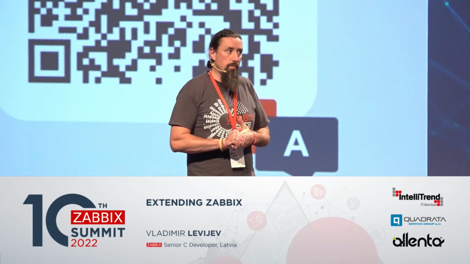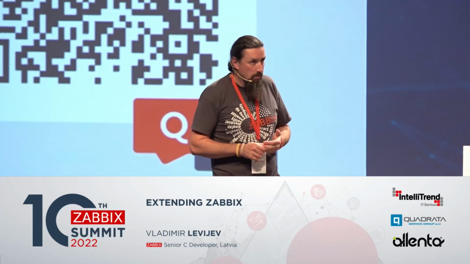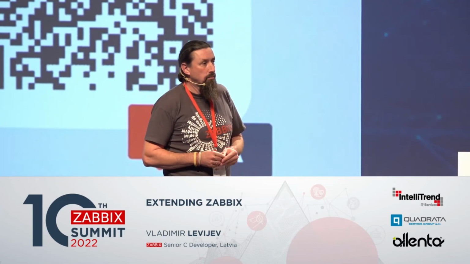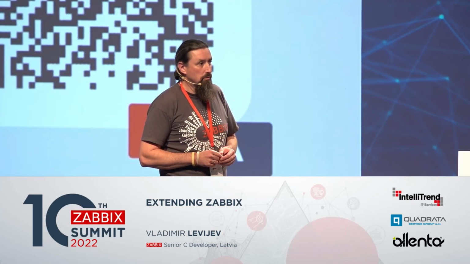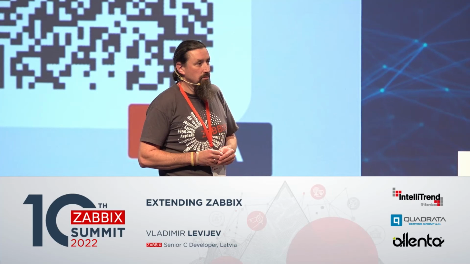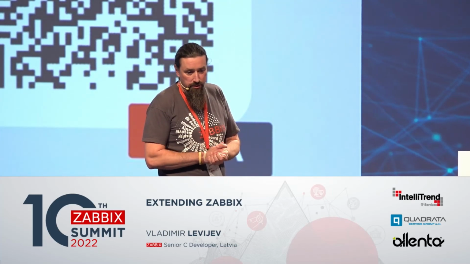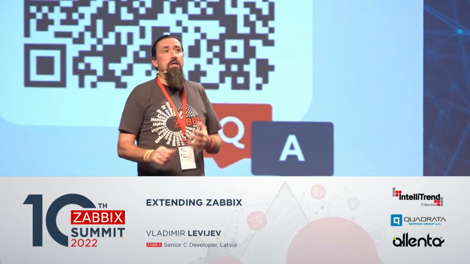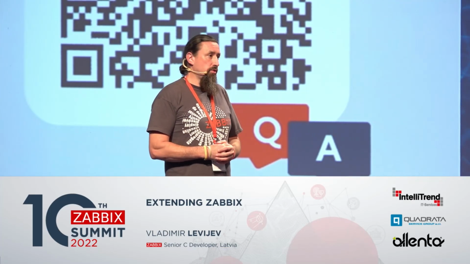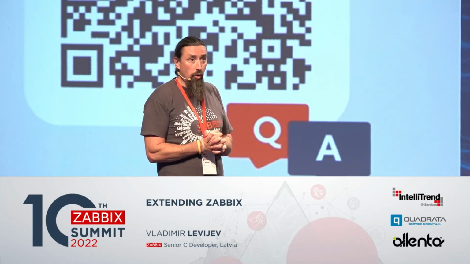Okay, thank you. And one more question. In terms of performance, what kind of modules or modifications, except front-end modules, would be the lightweight? I would say that instead of using user parameters and system.run for agent, I would recommend to use agent2 plugins, loadable plugins.